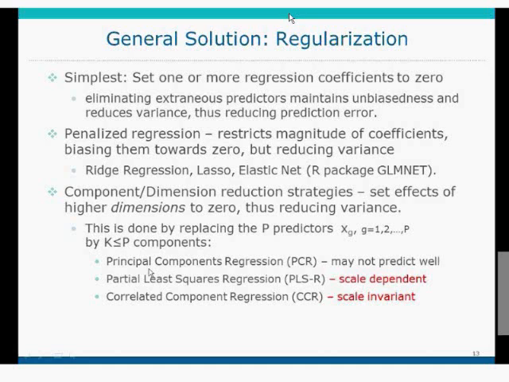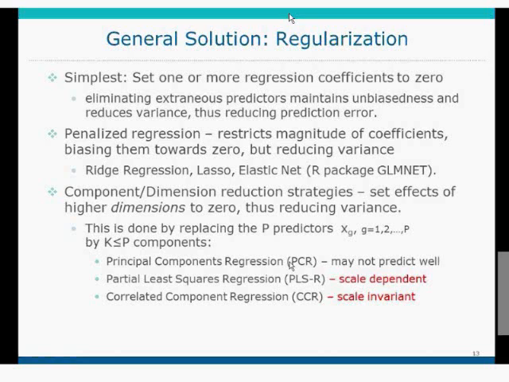One way to do this is principal components regression, PCR. That is, you take the predictors, you form principal components, you take the first principal component and you use that, you use the second, you use the third, you continue for a certain number of components, and you just use those, the best components, as the predictors.